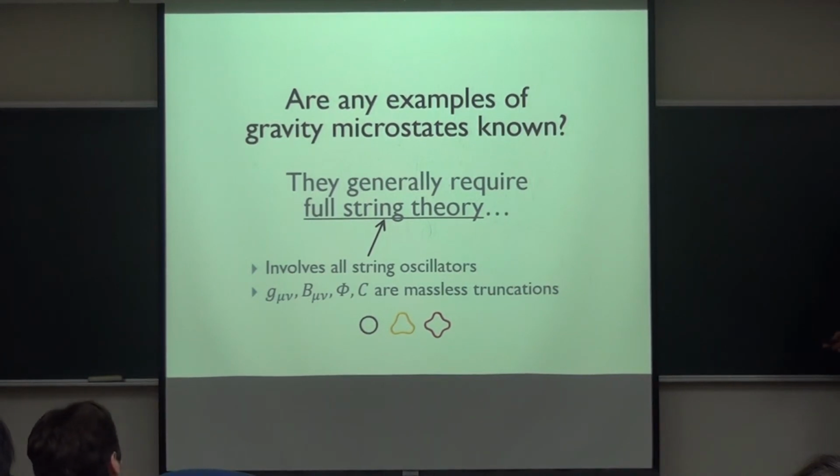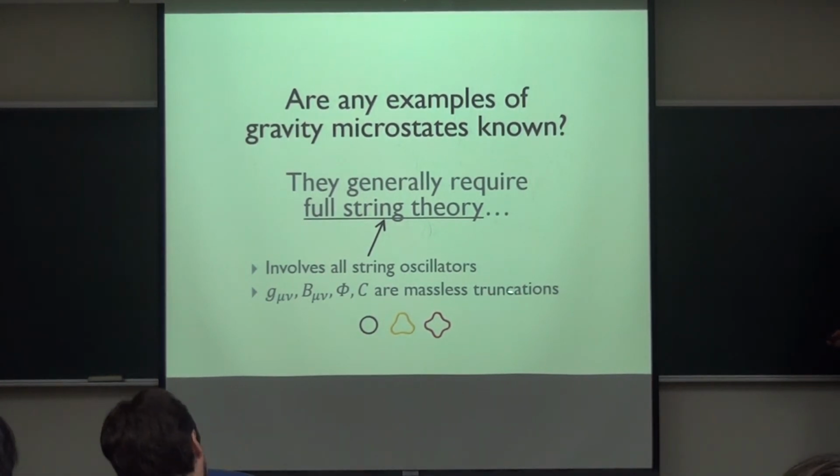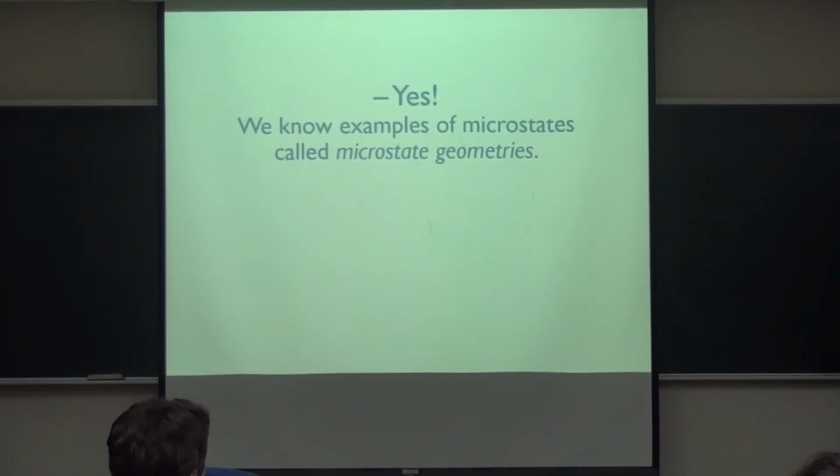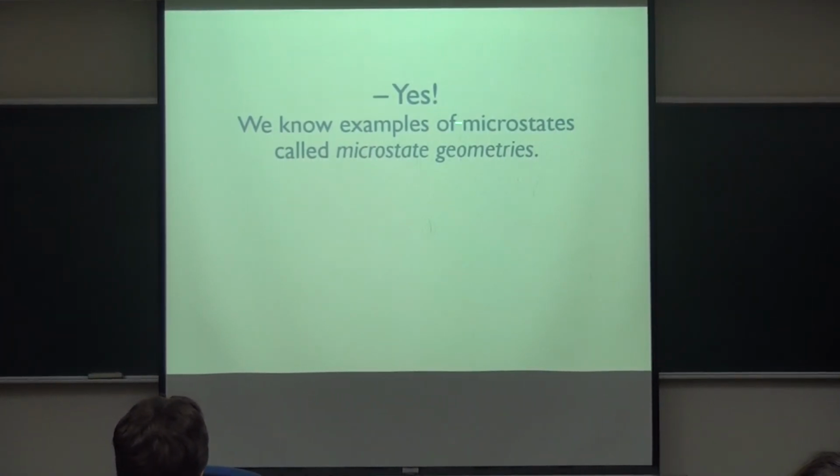So here you have classical gravity, by which I mean only the massless truncation. You don't think this can describe the general microstate. However, there are some examples for which microstates can be described by classical solutions, microstate geometries.